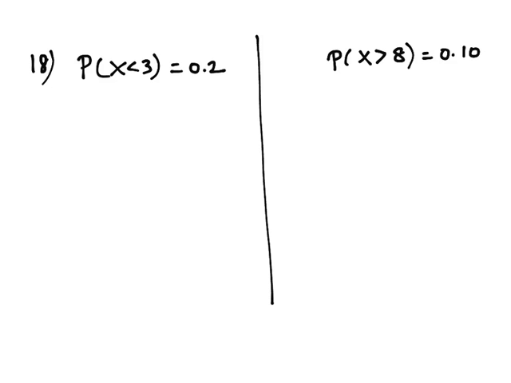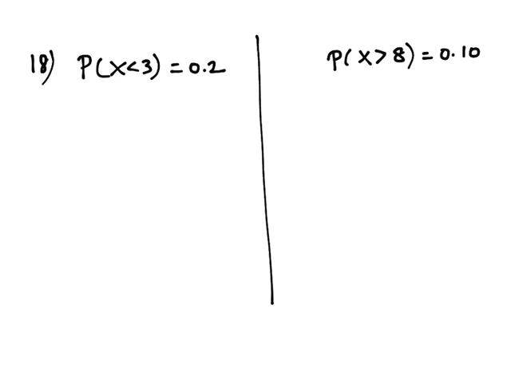It is known that 20% of these flowers have a height less than 3 centimeter. So P of X less than 3 is 20%, so 0.2, and 10% have a height greater than 8. So P of X greater than 8 is 10%, right?